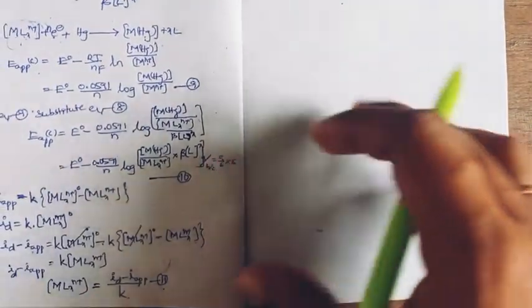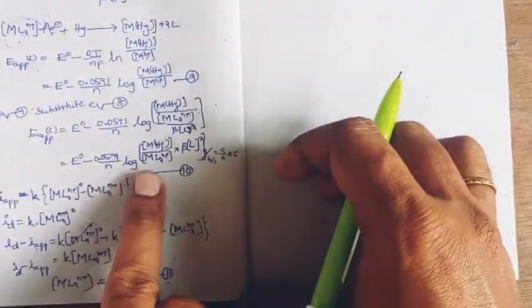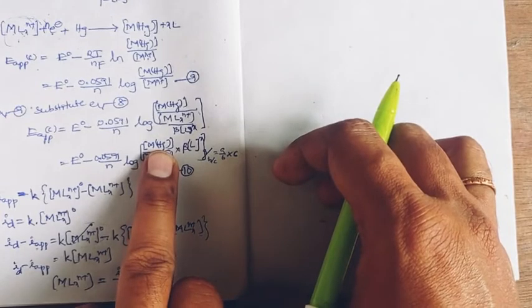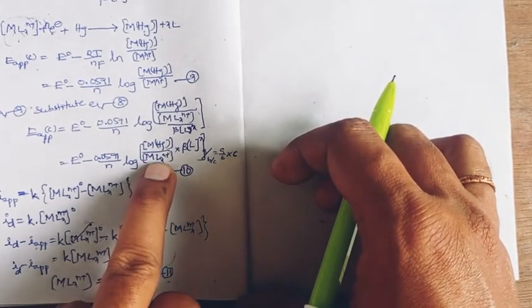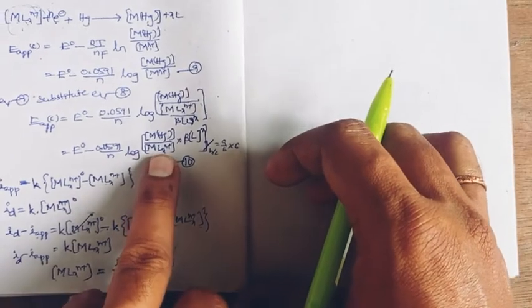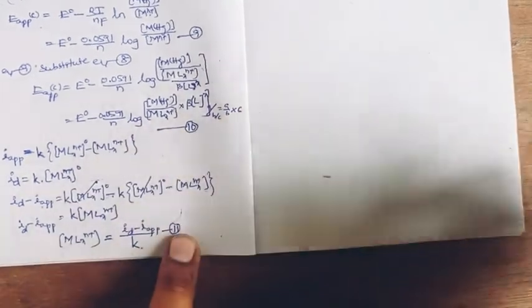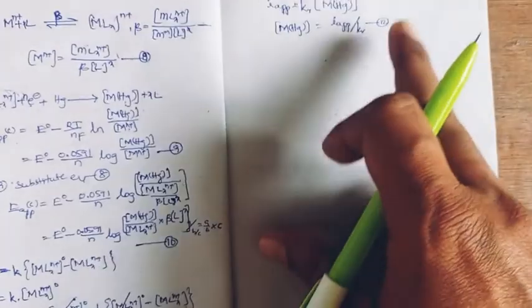So in equation number 10, we have the concentration of metal amalgam and the concentration of metal complex. The remain metal complex concentration can be replaced with equation number 11 and equation number 12.